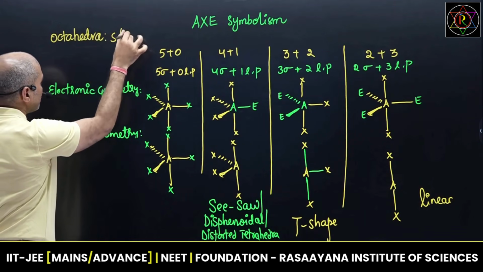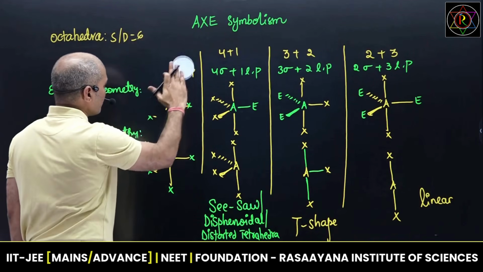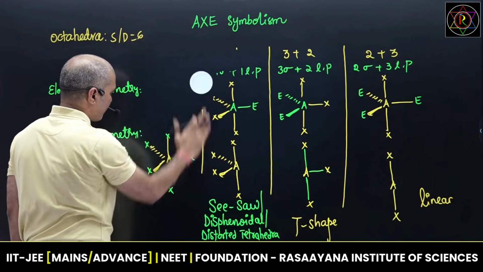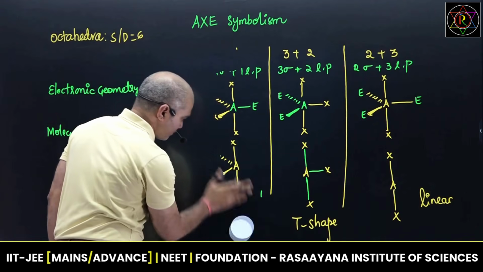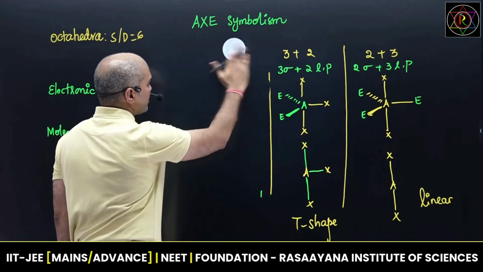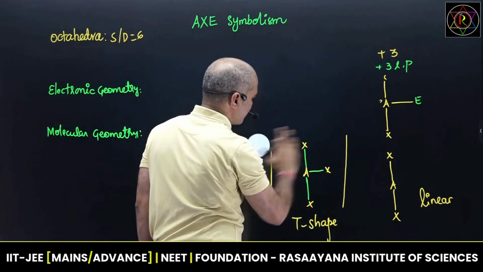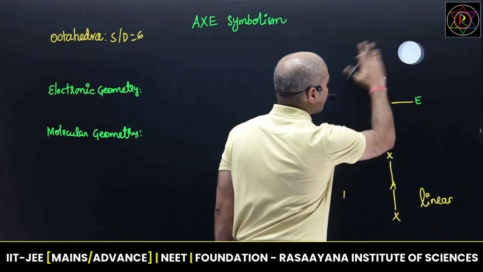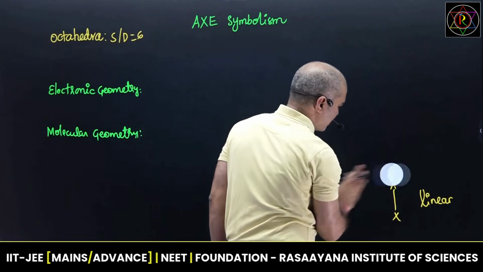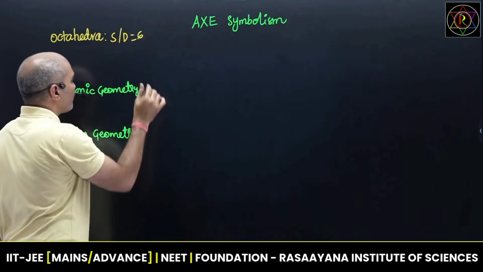Octahedral: the steric number is 6. Once you know these combinations, then only you can attempt that question, because advanced level questions are not easy to solve, but with a clear concept you can very easily solve them.